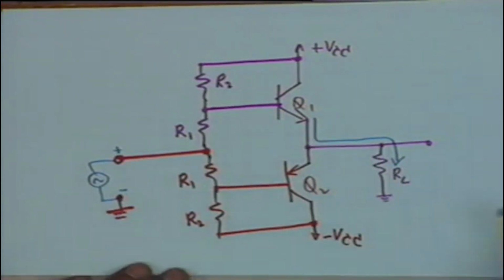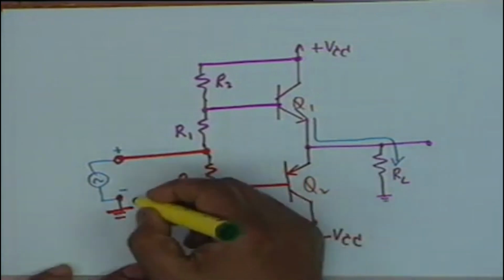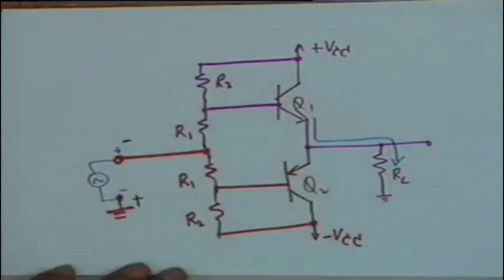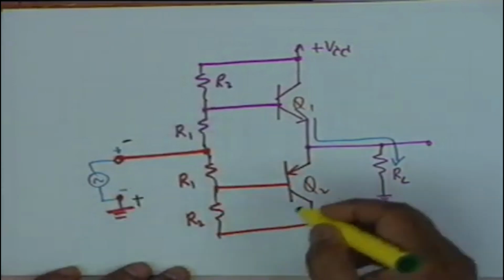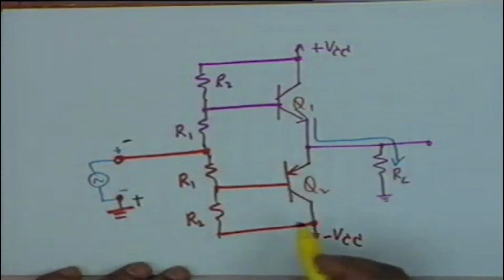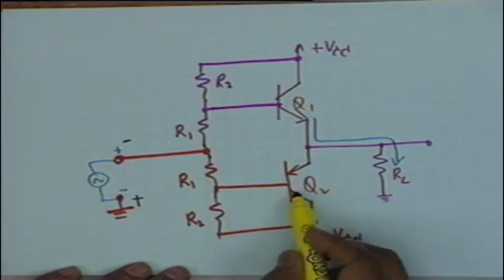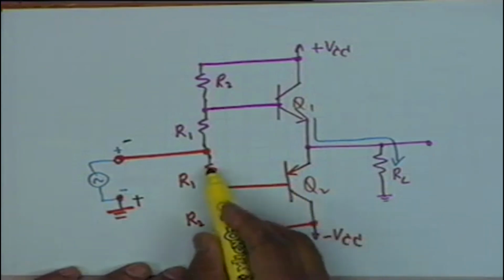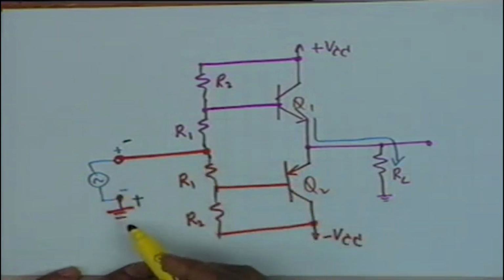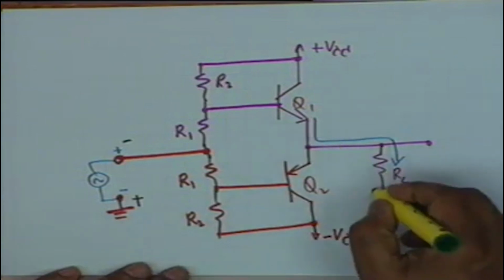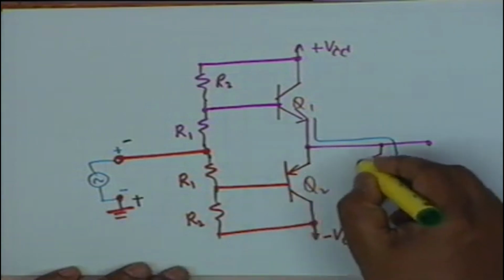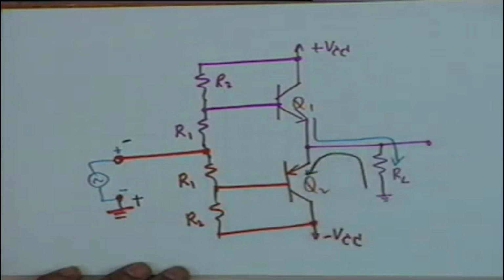Alright. On the other hand, when it goes negative, when this becomes positive and this becomes negative, Q2 conducts, that is, the current now comes from the base of Q2, right? It is a PNP transistor, current comes from the base of Q2 and flows like this, and therefore the current comes into the emitter and flows like this.